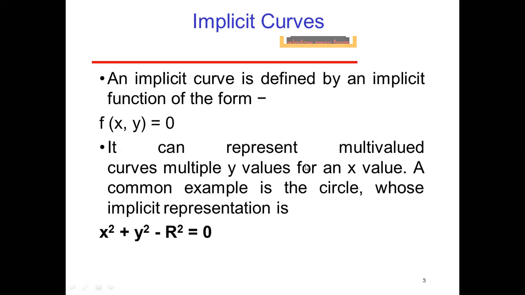It can represent multi-valued curves, multiple y values for an x value. The common example is the circle, x squared plus y squared minus r squared. With the help of this equation f(x, y) = 0, we can get such a circle. So this comes under the category of the implicit curve.